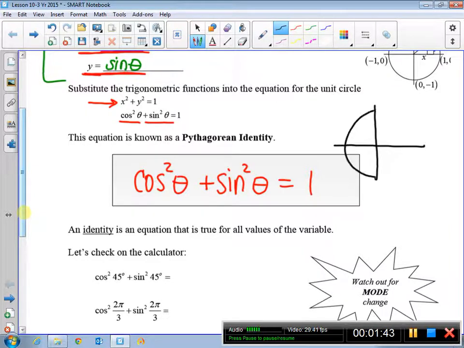I think I have a circle up there, but I'll use this one. If I have an angle, let's just put one in quadrant 1. If I have this angle theta here in the unit circle, this section from here to here is represented by cosine theta because it's the x distance, and the height is represented by sine theta.